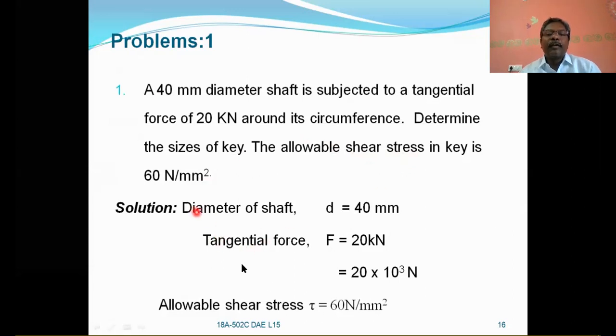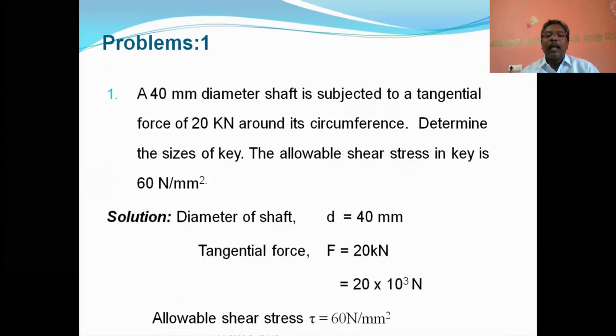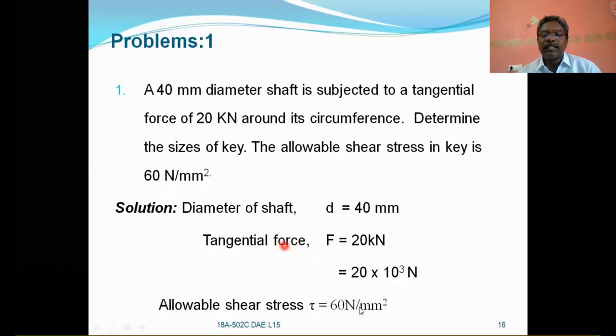Thereby the given data is diameter of the shaft D is equal to 40 mm, tangential force F is equal to 20 kilonewtons, that is 20 into 10 to the power of 3 newtons, and allowable shear stress is 60 newtons per mm square.